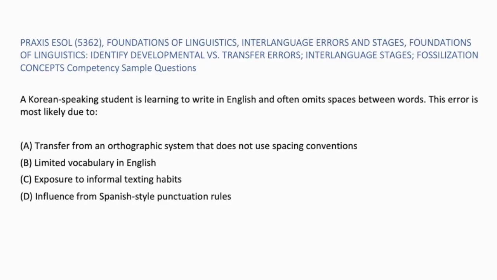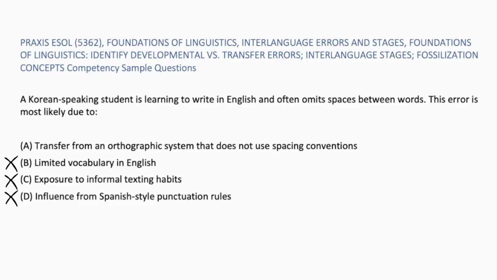Let's walk through the process of elimination. B. Not knowing many words doesn't cause a student to forget spaces. Vocabulary issues show up in word choice, not spacing. C. Texting might shorten words or use abbreviations, but even in texting, people usually keep spaces between words. D. Spanish still uses spaces between words, just like English.